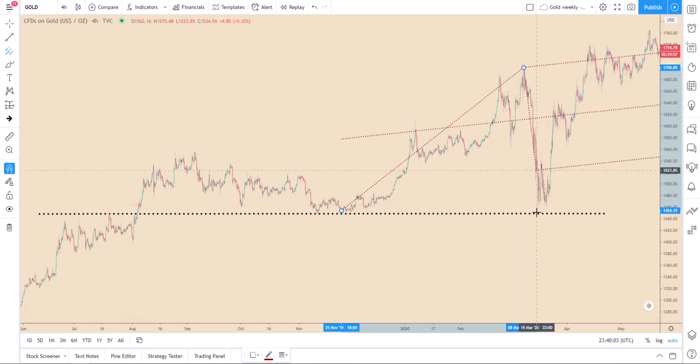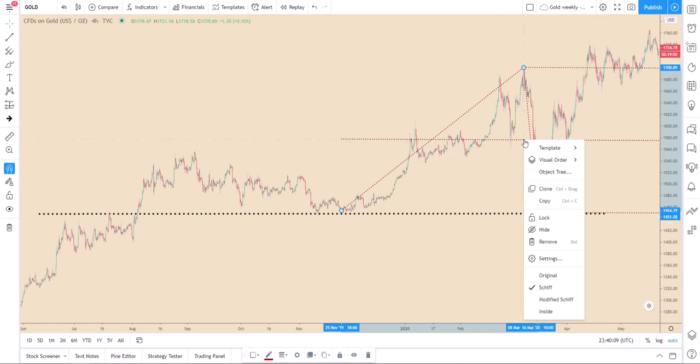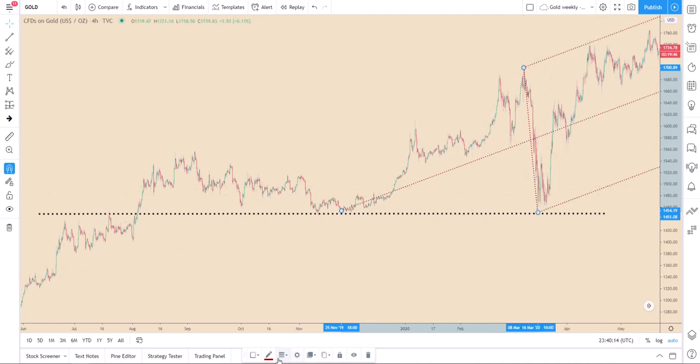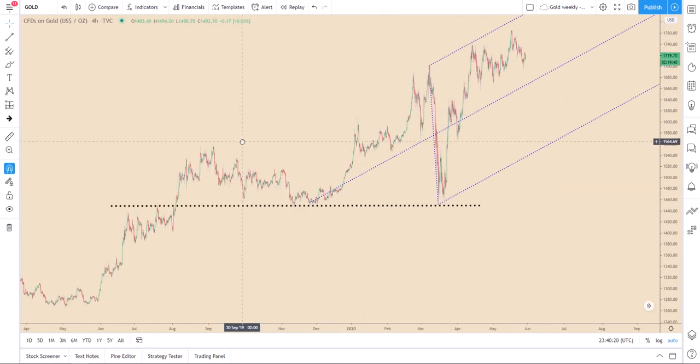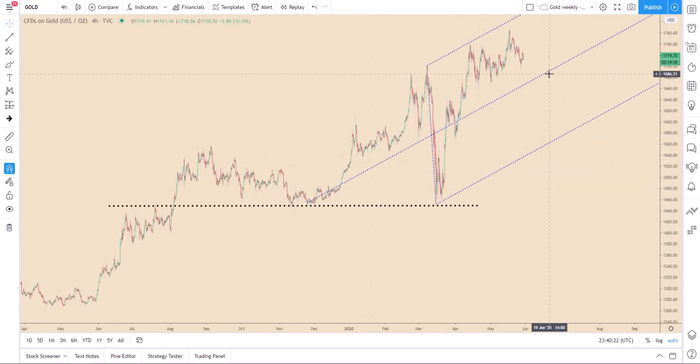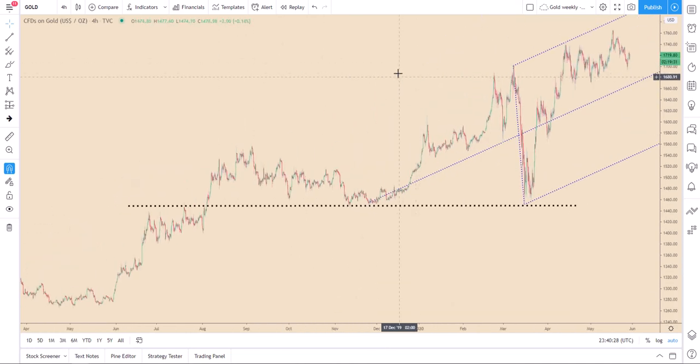But of course, that's the voice of experience speaking after having drawn literally thousands of Andrews pitchforks and looked at thousands of charts. But so anyway, there's our chart now with some market structure applied.